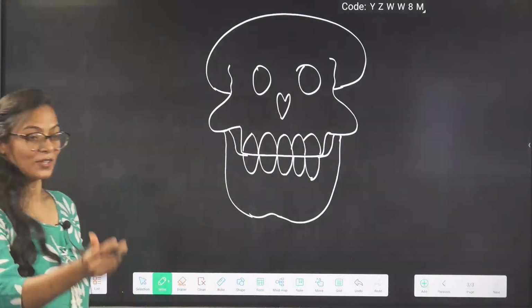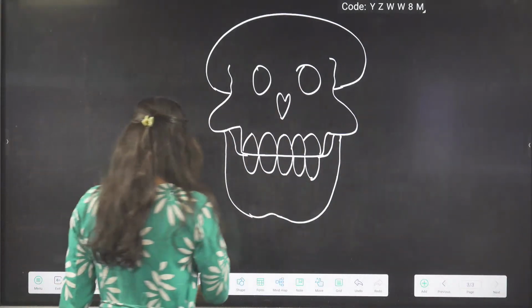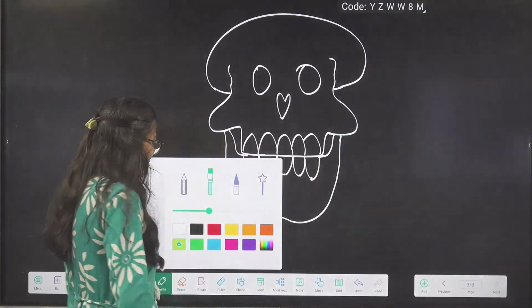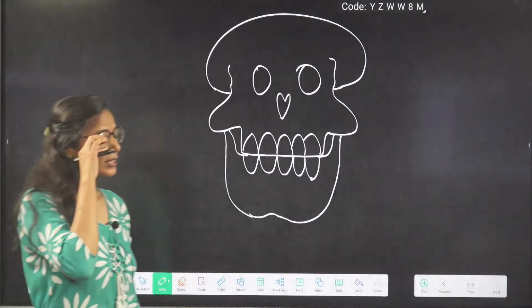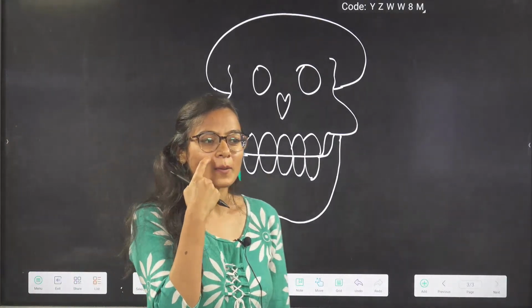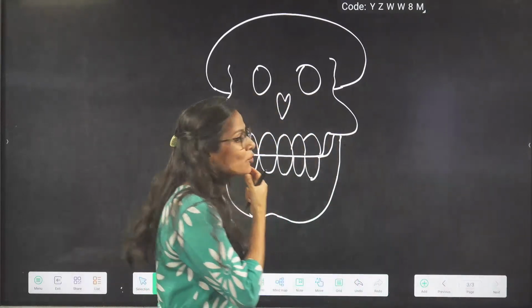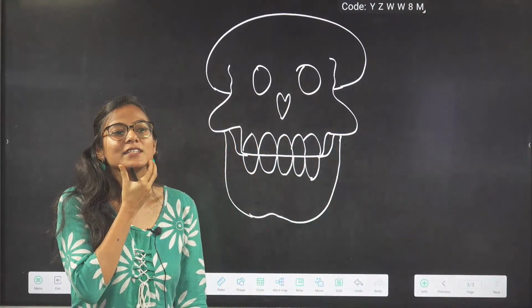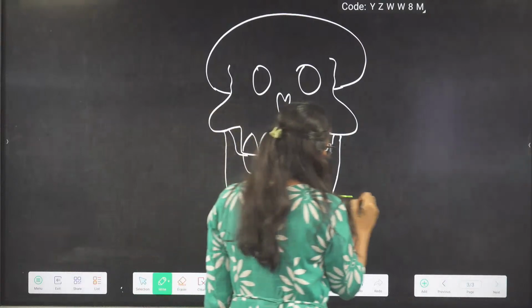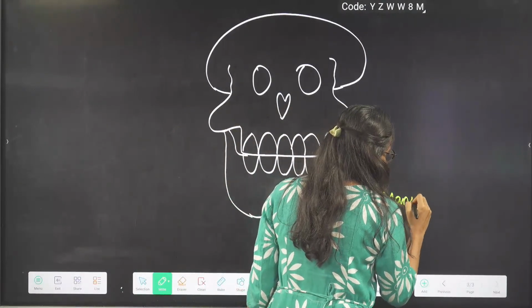Okay. So now let's see all the facial bones, right? One by one. Okay. So first I wrote about maxilla and mandible. Maxilla is the upper jaw and the mandible is the lower jaw. So lower jaw we have only one, this here. So let's label this as mandible.